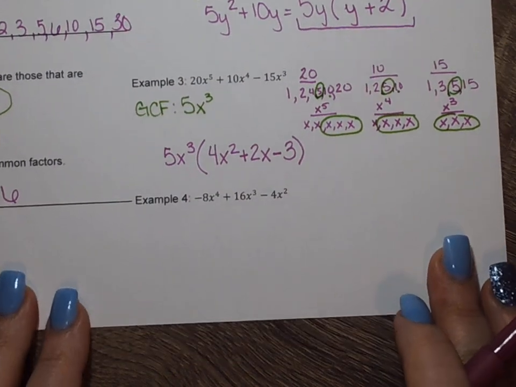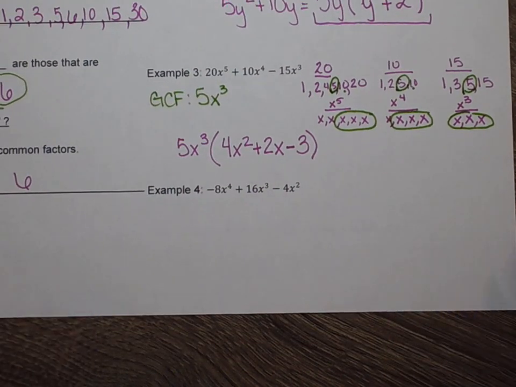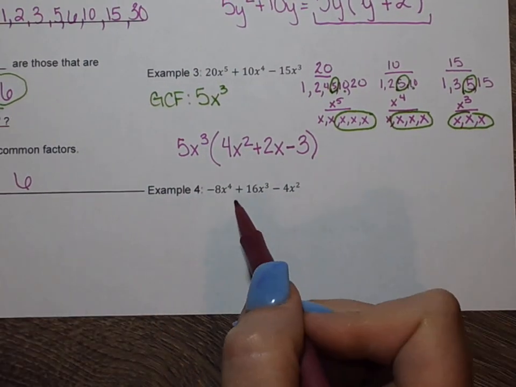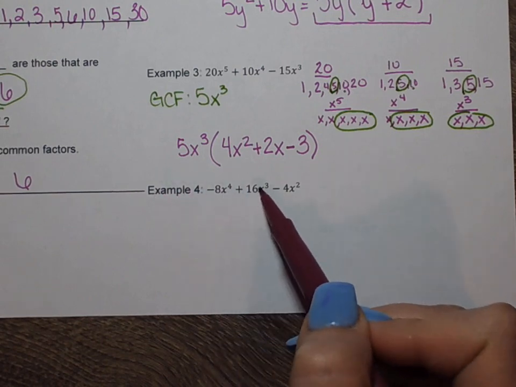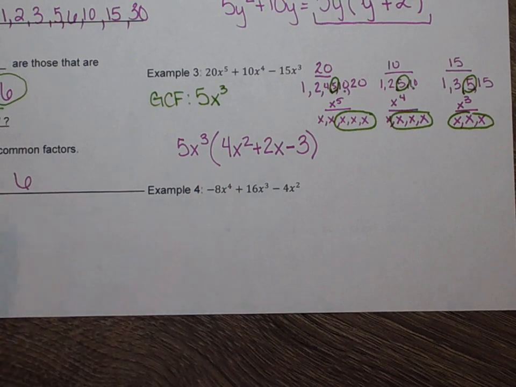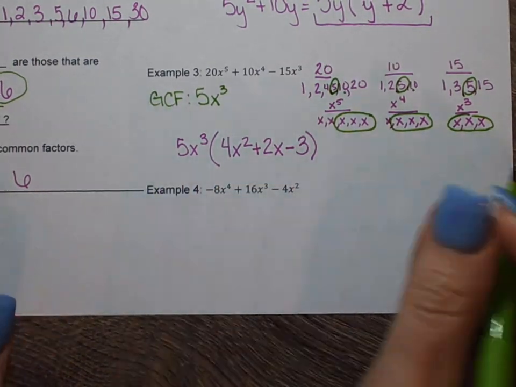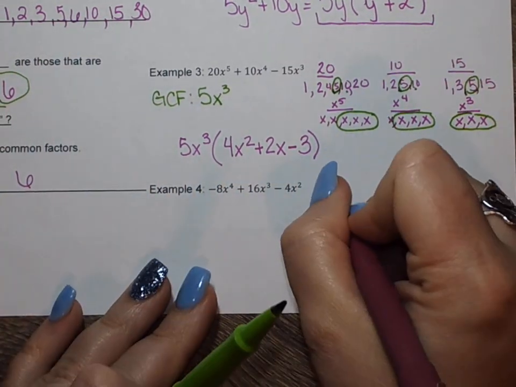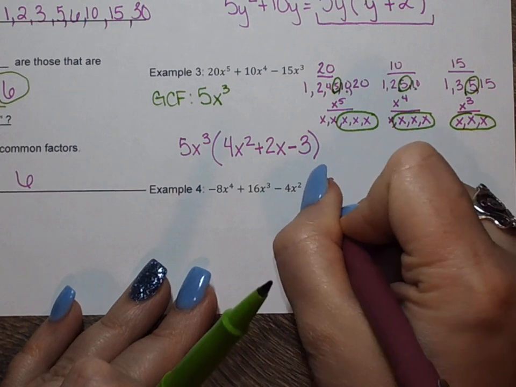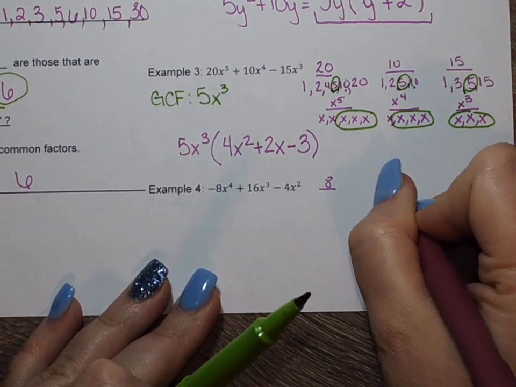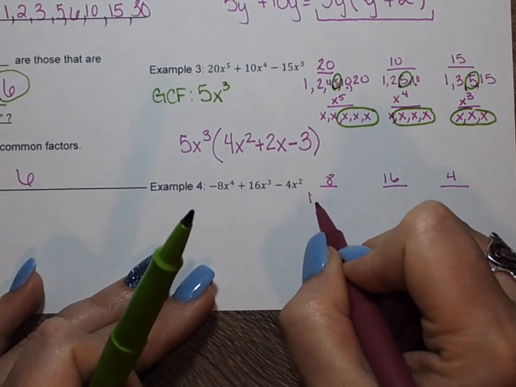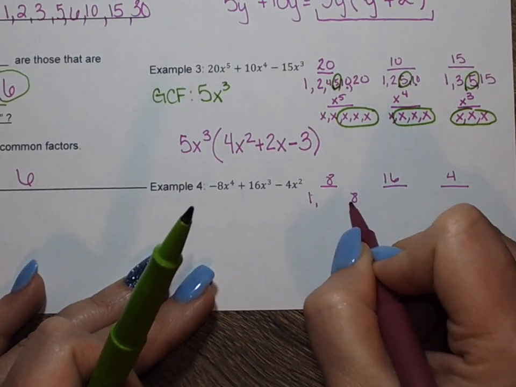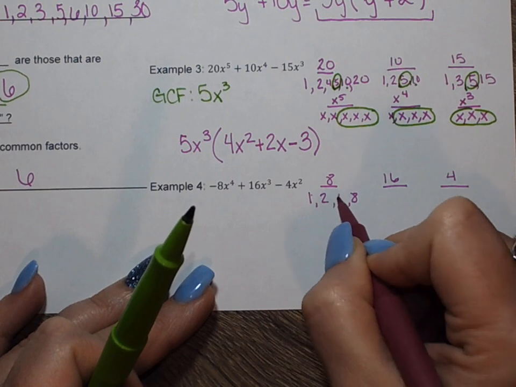All right, last example. We're almost done. Okay, let's look here. What are our greatest factors of the 3 terms right here? So let's go ahead and do these over here. We've got an 8, a 16, and a 4. All right, so I've got 1, 8, 2, and 4.